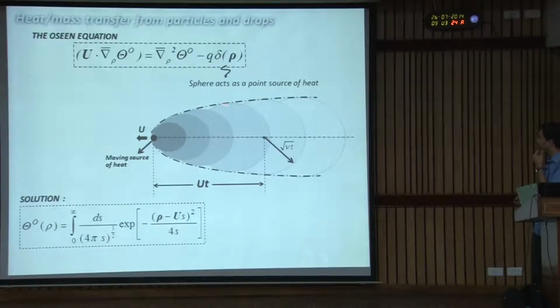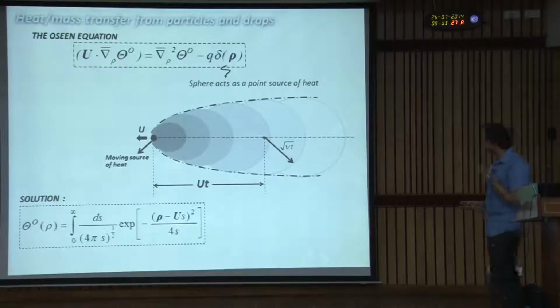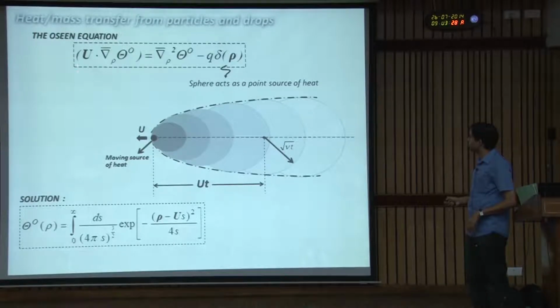Okay? A nice way of solving this equation is to look at the unsteady equivalent, that is, add the time derivative and calculate the impulse response, which means that I add a delta function in time. So, I am adding a point source of heat at the initial instant, and that would give me the relaxation from the heat source that I added at the initial instant.